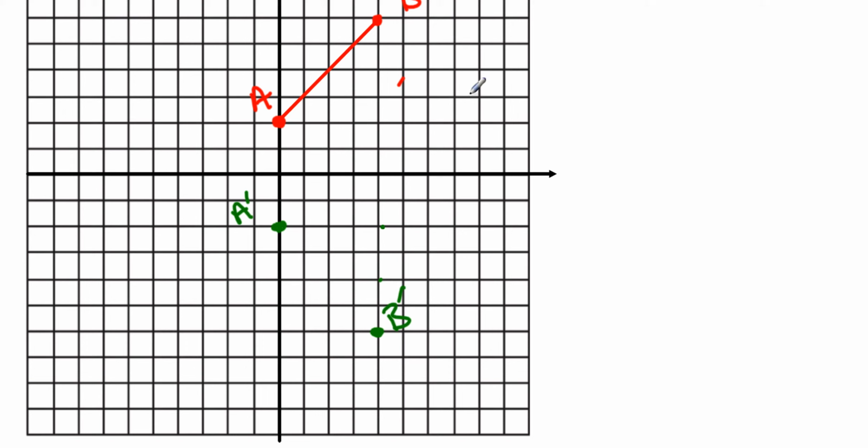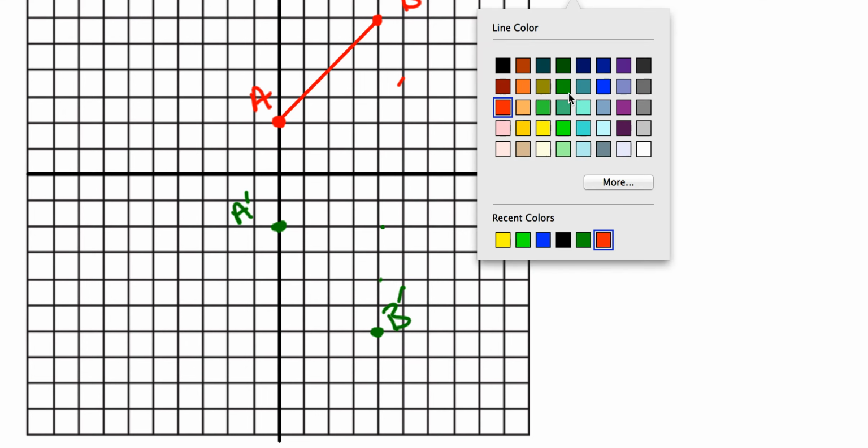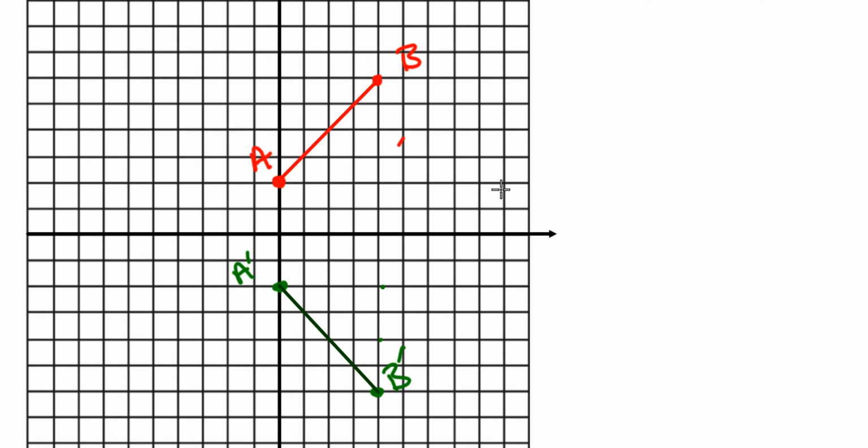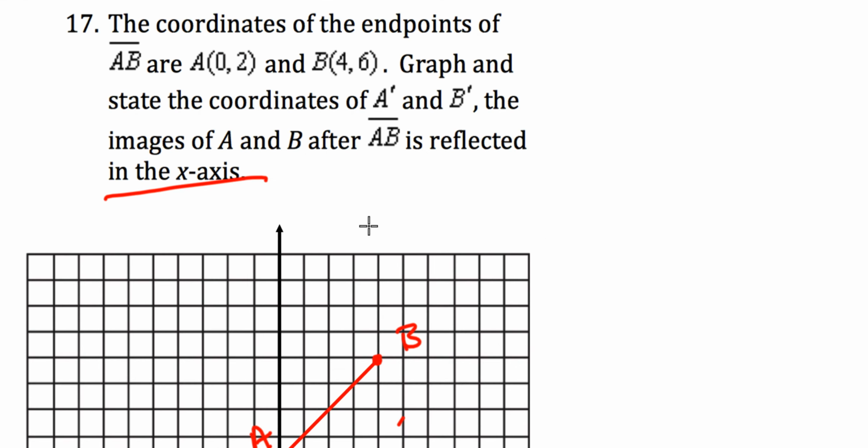And then B prime. And you see that the red one and green one, they must be reflections of each other about the x-axis.